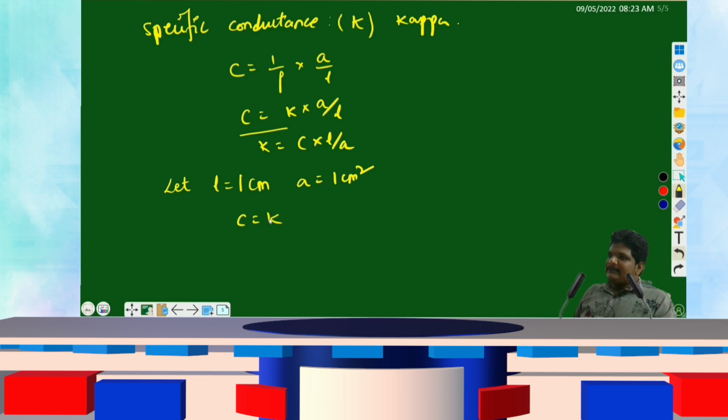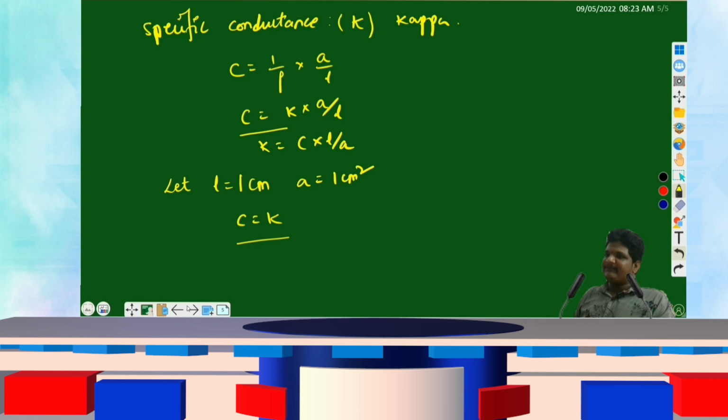It means the specific conductance of an electrolyte solution is the conductance offered by all the ions present in the 1 centimeter cube of the electrolyte solution. So this is the specific conductance.